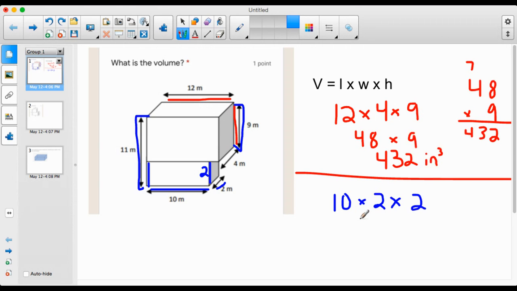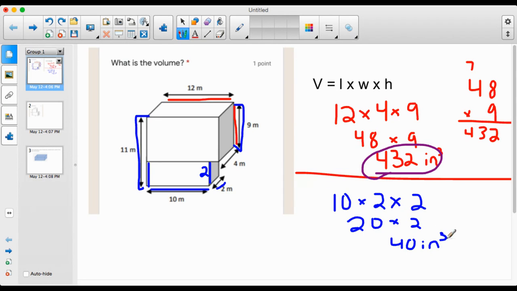This one's nice and easy to multiply. I know that 10 times 2 is 20. And then I just need to use what I haven't used yet, which is another times 2. 20 times 2 is 40. And that would be inches cubed. I'm not done yet because now I need to add both of my volumes together to get the total.